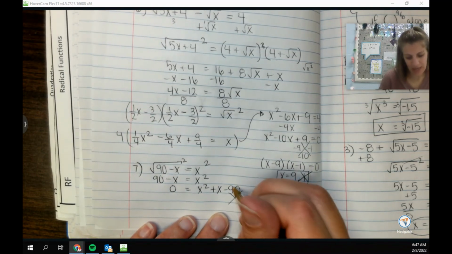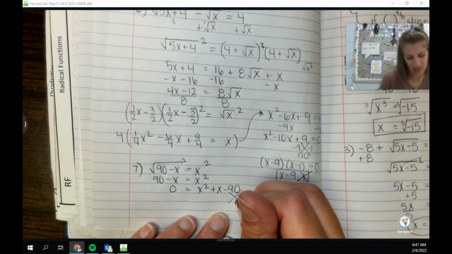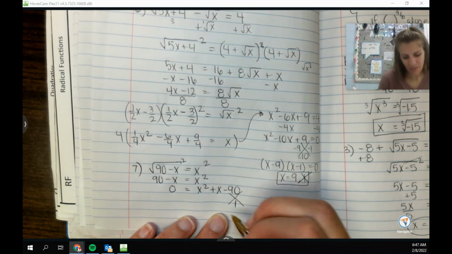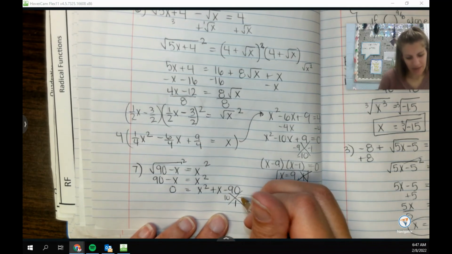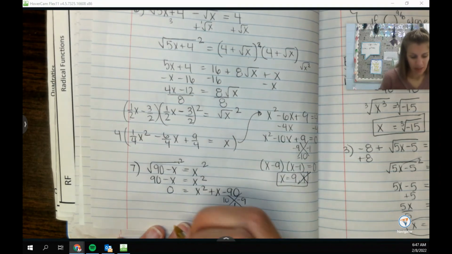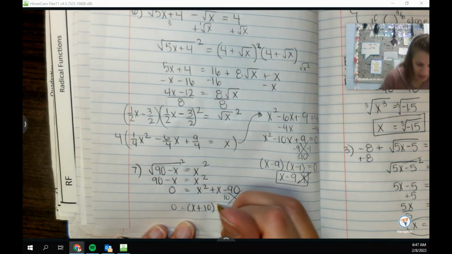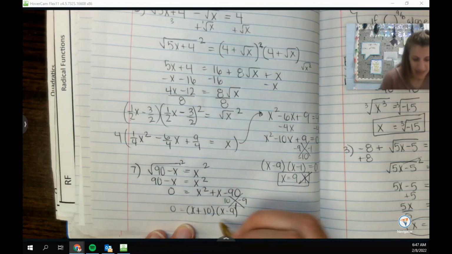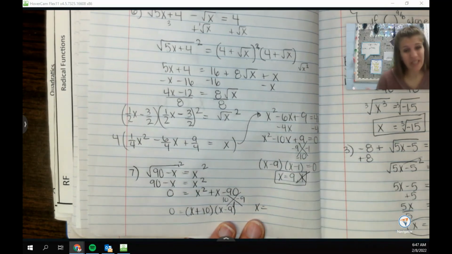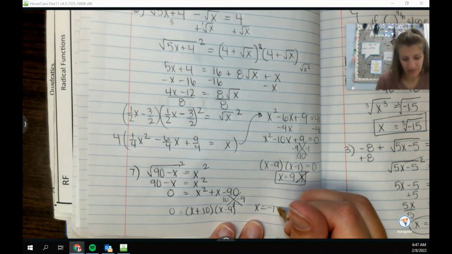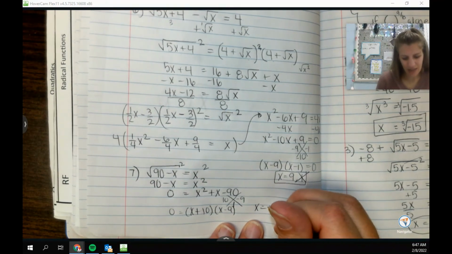So it multiplies to negative 90 and adds to 1. I think that'll be 10 and negative 9. And so we'll have x plus 10, x minus 9, meaning that my answers are potentially negative 10 and 9.